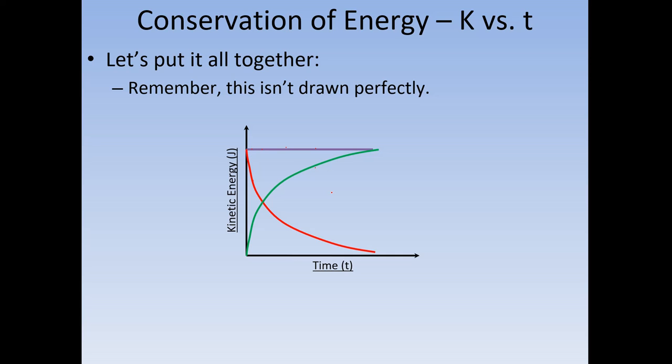Like I said, you should be able to know how these graphs come about. Even though I gave you an idea of how the graphs look based off of a scenario, note that these graphs look like this strictly because of the scenario that I presented, that the ball was being thrown up to some height. If I slightly change that scenario, maybe I make it so that there's energy being lost as it goes up, or maybe instead of it being thrown up, it's now being thrown down, these graphs are going to change.